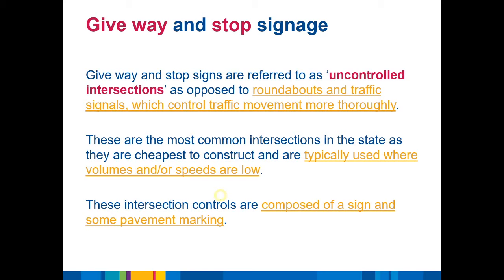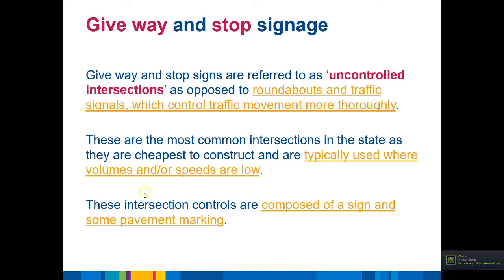Sometimes there are just local roads, the intersection of 2 local roads. We might have roundabouts. There's quite a few in Ballarat. The intersection of 2 local roads might also be traffic signals, but more typically these tend to be traffic signals and roundabouts at arterial roads.